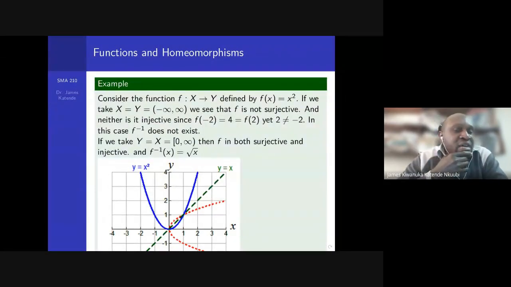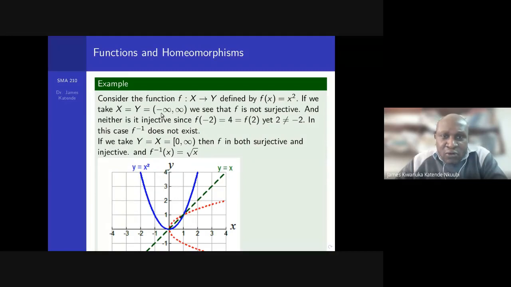So we now look at another example of the same function, and we check how it behaves when we restrict the domain and the codomain. So the function we'll consider is f of x is equal to x squared, and in the first instance, we take x and y to be the set of real numbers.